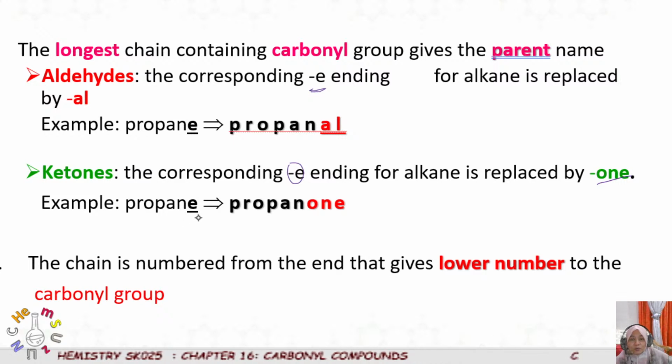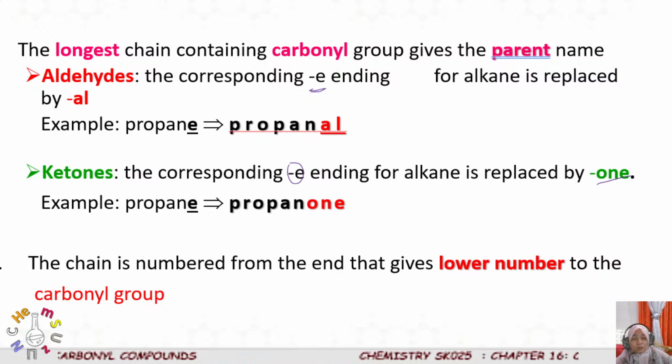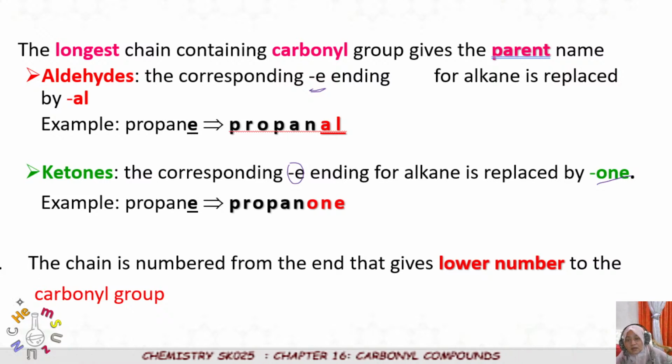For example, propane, we replace the E with ONE, so it becomes propanone. The second rule is that the chain is numbered from the end that gives the lower number to the carbonyl group. Our priority is to find the longest continuous chain that has the carbonyl group, and then always give the lowest possible number to the functional group, in this case the carbonyl group.